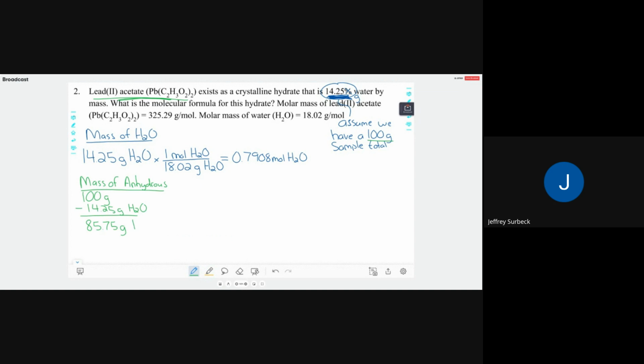I'm going to write that down, Pb, and then our acetate ion in this case is C2H3O2, and there's 2 of those ions.